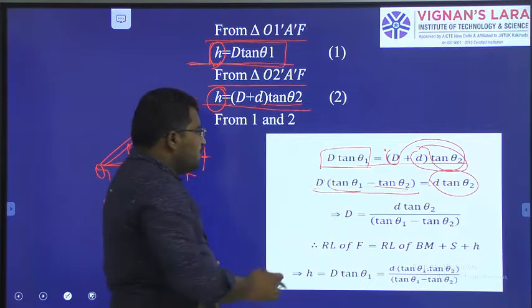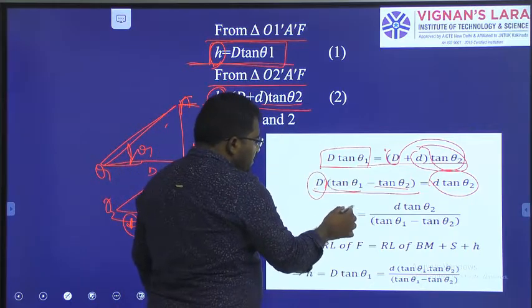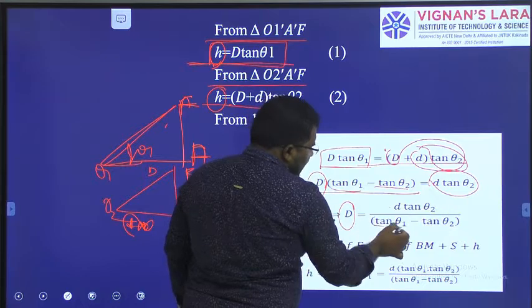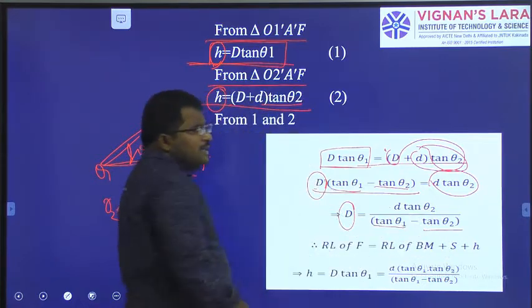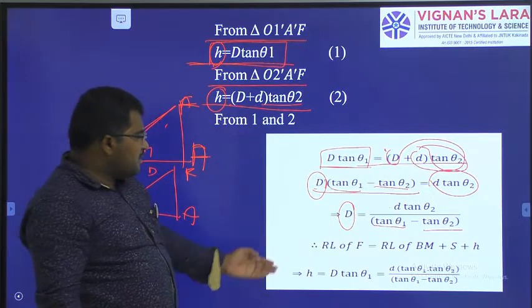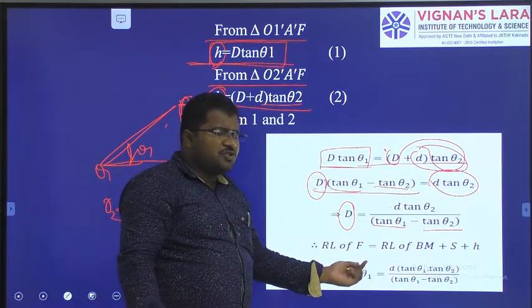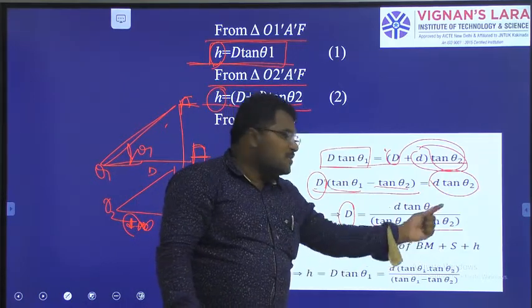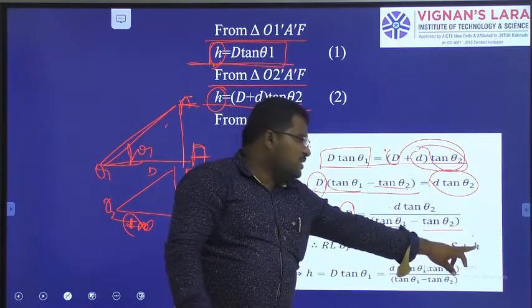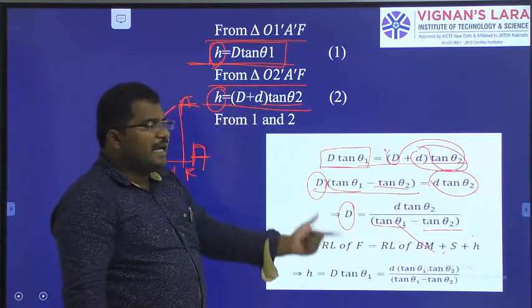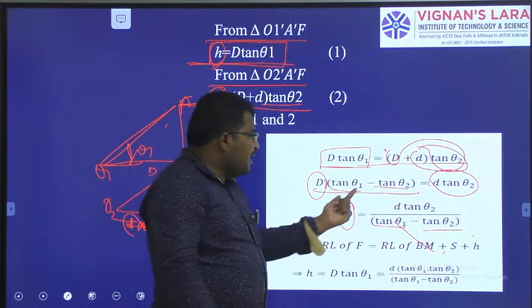Now, to find the D value, D is equal to d tan theta 2 divided by tan theta 1 minus tan theta 2. Now going to our equation, RL of F is equal to RL of benchmark plus staff reading on the benchmark plus small h. The h is given by D tan theta 1, but the D value is this.